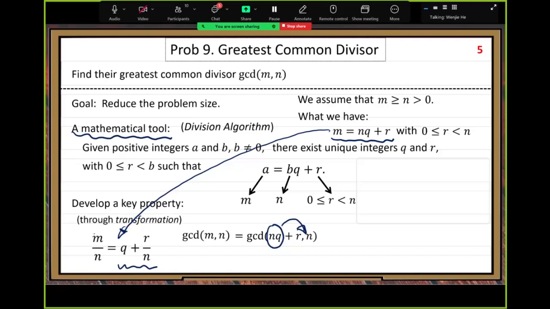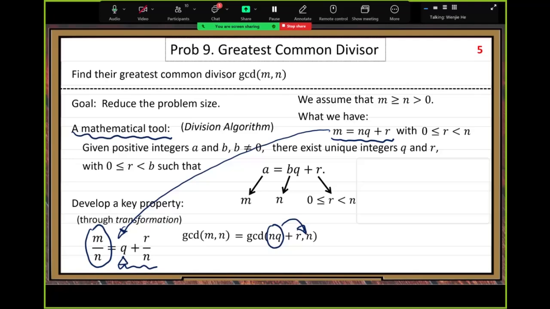when we look at the common divisor of M and N, the common divisor of M and N has nothing to do with the Q term, right? The Q is the integer part. It has nothing to do with the Q part.